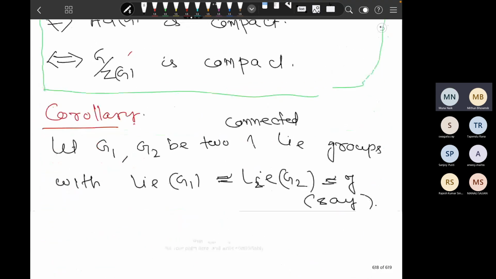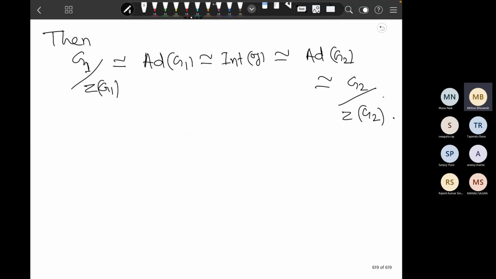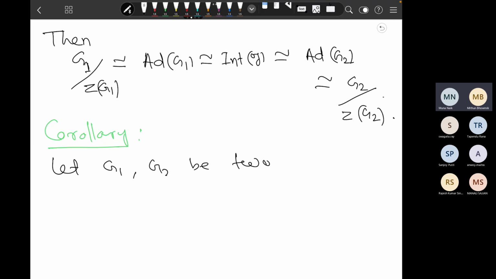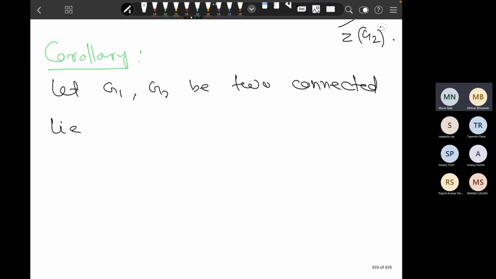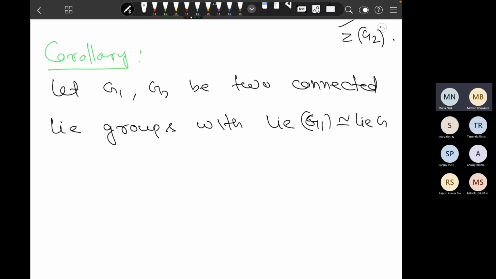Similarly, I can write another corollary. So let G1, G2 be two connected Lie groups with Lie algebra of G1 isomorphic to Lie algebra of G2, and this is g, say.